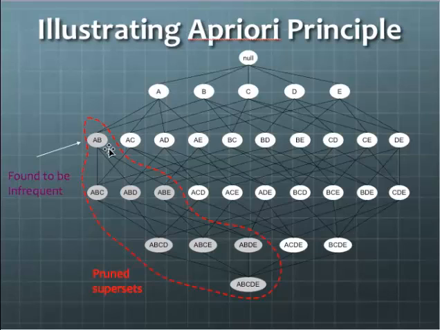Such a pruning strategy is made possible by a key property of the support measure, namely that the support for an item set never exceeds the support for its subsets. This property is also known as the anti-monotone property of the support measure. Actually, this property is the same as the subset property we discussed before, but in the previous slides we just analyzed it forward, and now we also illustrate examples of the backward way.